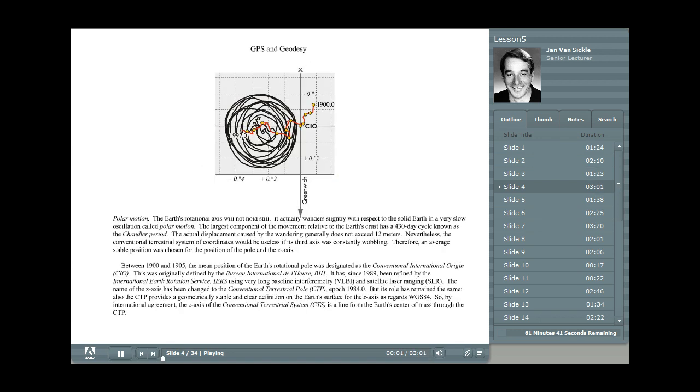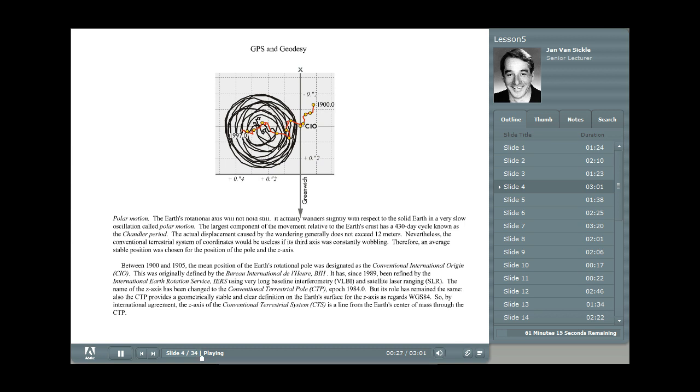Now, it becomes obvious immediately that this abstract idea of a three-dimensional coordinate system is perfect in its theoretical sense, but when you attach it to the actual physical Earth, difficulties obviously arise.